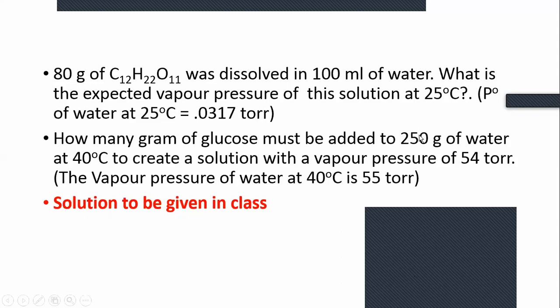Remember you've been given that the mass of water is 250. So the number of moles of water is 250 over 18, that is 13.89. So 0.982 equals 13.89 over 13.89 plus N glucose. So it's N glucose that you're looking for.